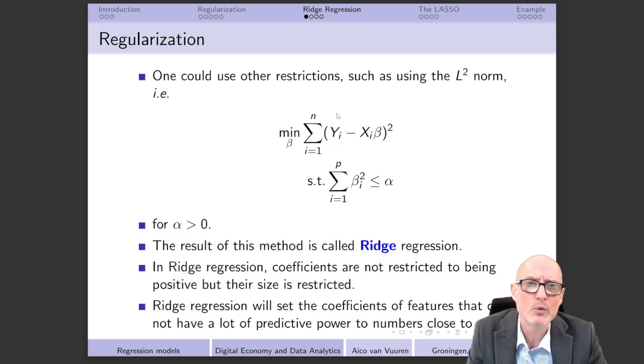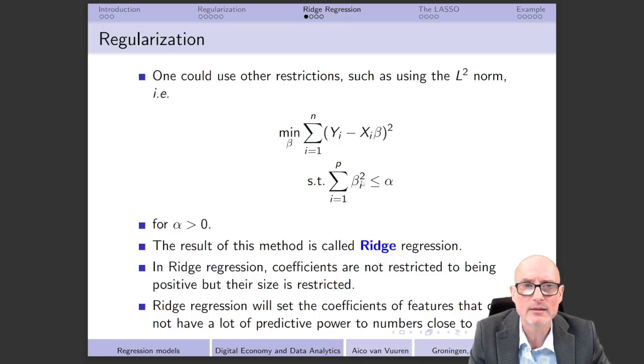They would increase the R squared a little bit at the moment that you would include them, but generally it is by not that much. And for those features that do not have that much predictive power, of course you don't want to set the betas too high.